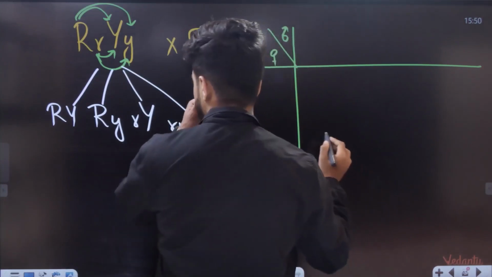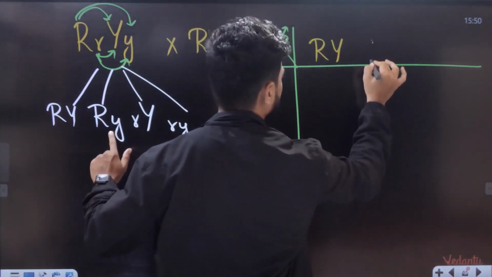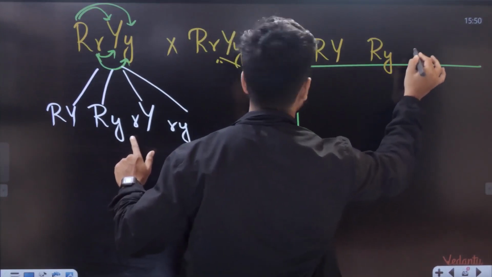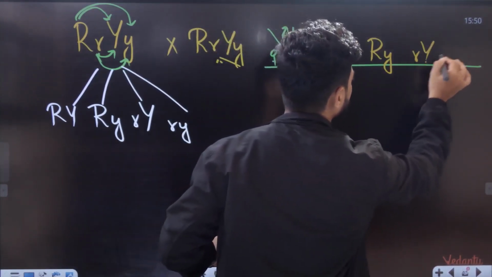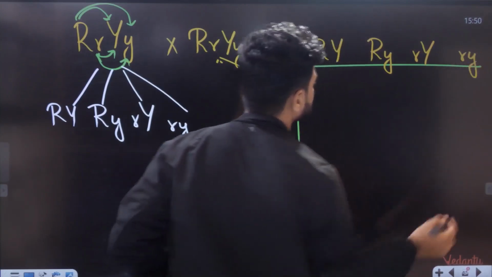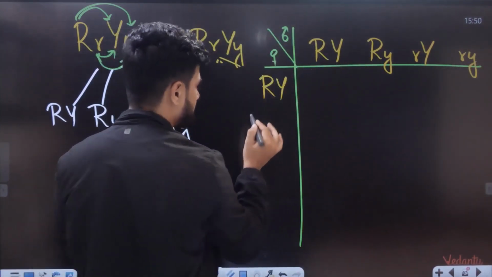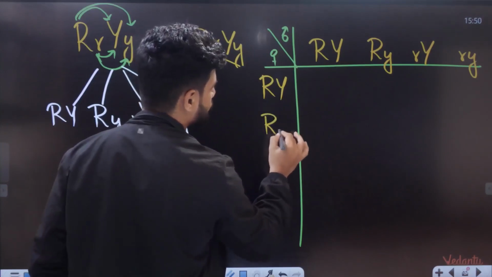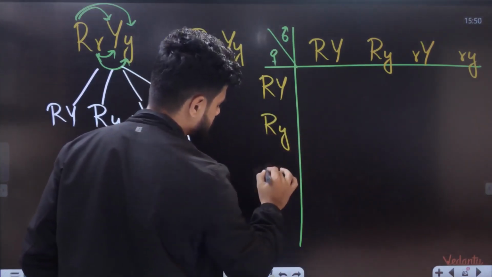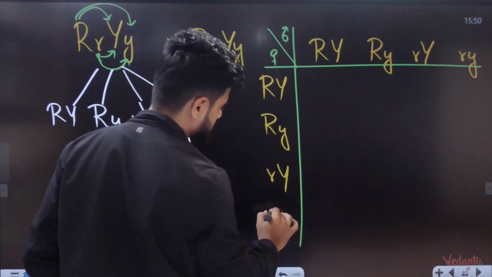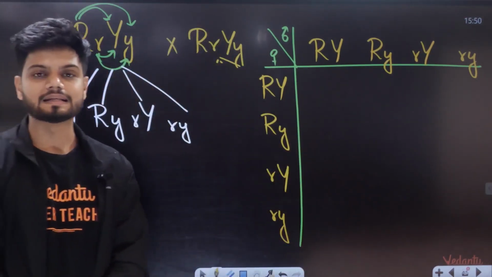We'll write one as capital R, capital Y, capital R, small y, small r, capital Y, small r, small y. Same thing right here also. Capital R, capital Y, capital R, small y, small r, capital Y, small r, small y. Now we need to fill the entire table.